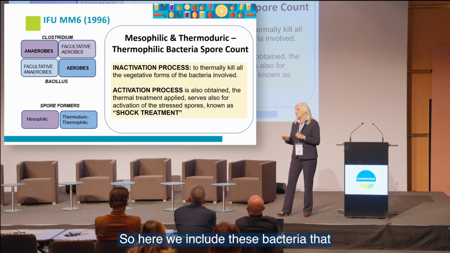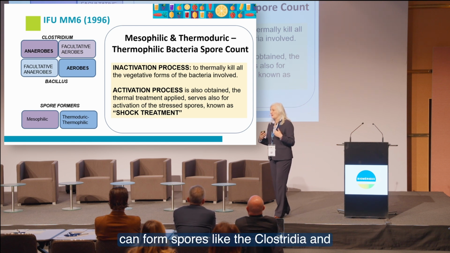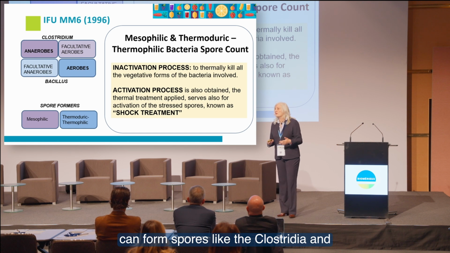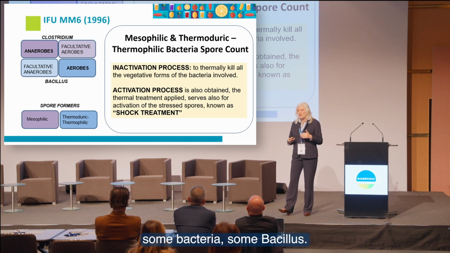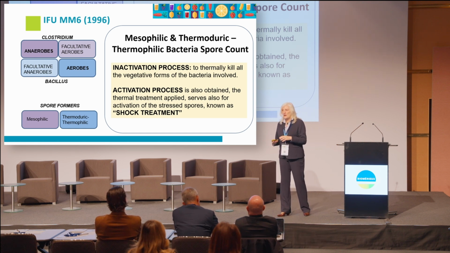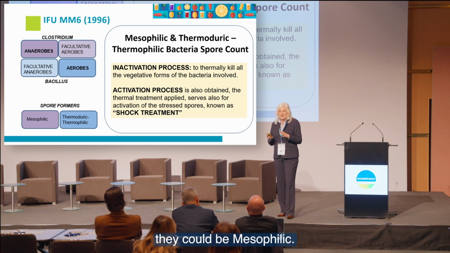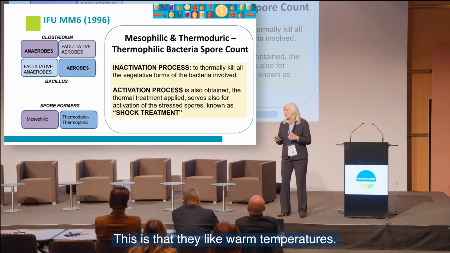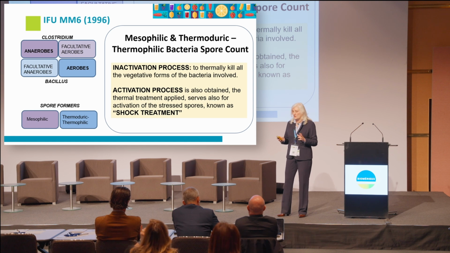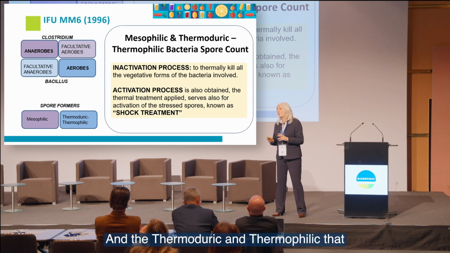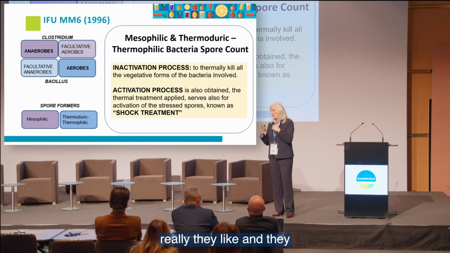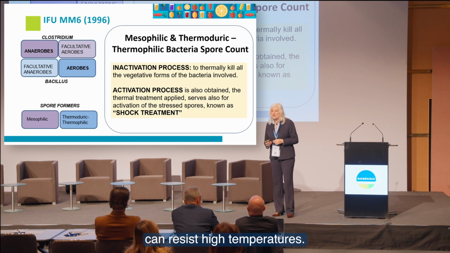So here we include these bacteria that can form spores, like the Clostridia and some bacillus. These spore formers could be mesophilic, that is, they like warm temperatures, and the thermoduric and thermophilic, that really like and can resist high temperatures.